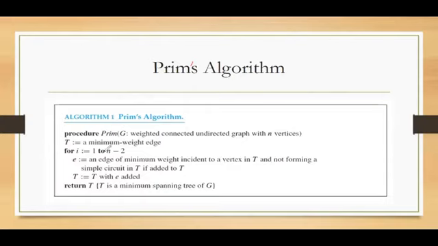For i equal to 1 to n minus 2, so if your total number of vertices are n, then you have to keep on repeating this till n minus 2, because already you have 2 vertices when you selected the minimum weight edge.